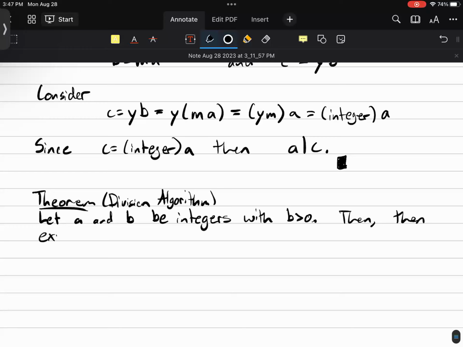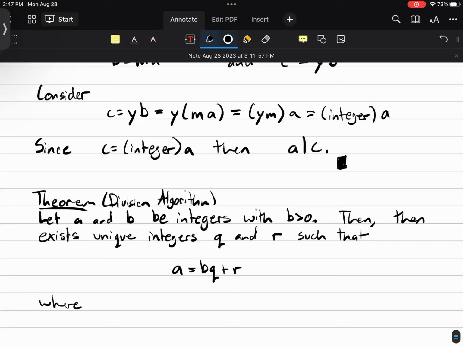Then there's going to exist unique integers Q and R such that A is equal to B times Q plus R, where the value of R has to be greater than or equal to 0, but strictly less than B. That seems familiar now?